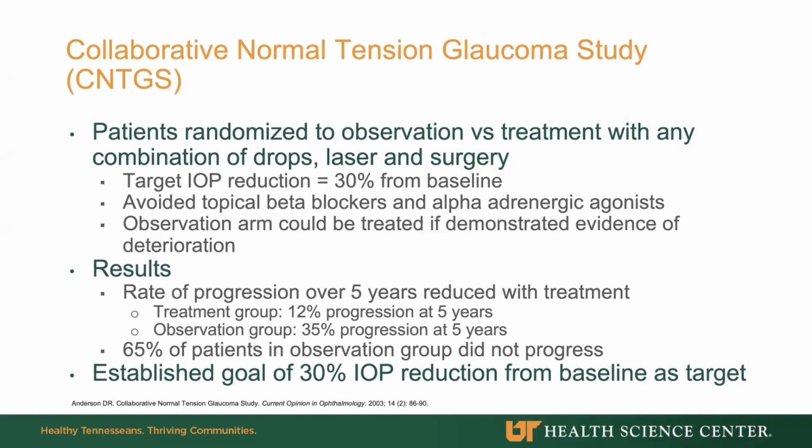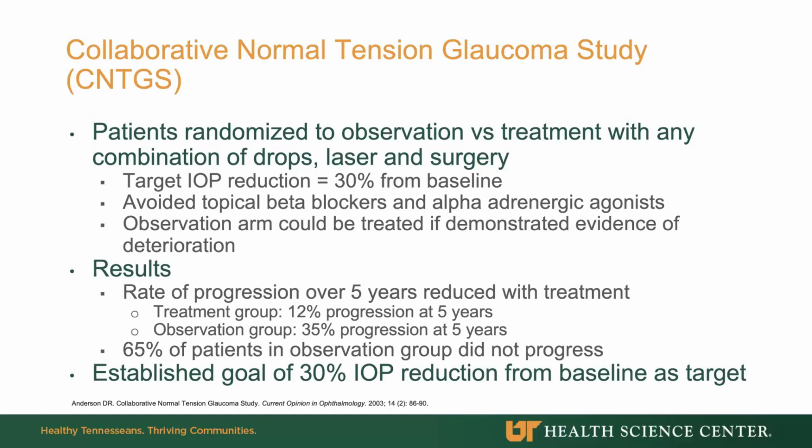So the results of this study: the rate of progression in these normal tension glaucoma patients was reduced with treatment over 5 years. It seems logical. In the treatment group, 12% progressed at 5 years versus 35% in the observation group. What's interesting is actually 65% of patients in the observation group did not progress.